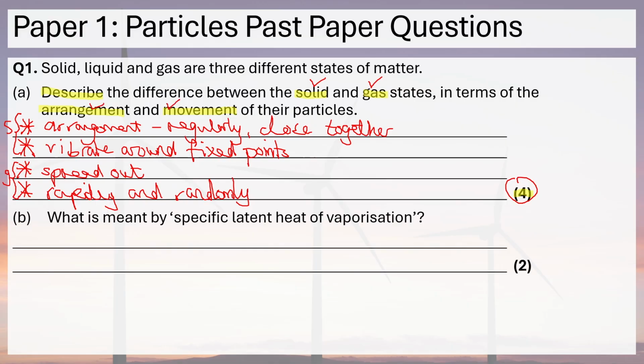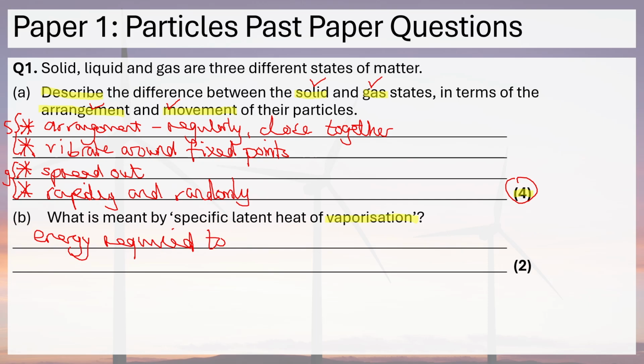Part B, what is meant by specific latent heat of vaporization? This is just a definition that you need to learn. So it's the energy required, now, specific latent heat is always the energy required to change state, but notice we're asked about vaporization.